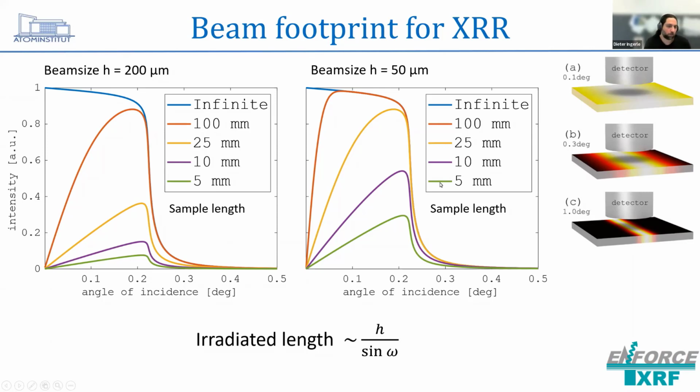And this can be explained, of course, because at very small angles, we have a very large footprint, because it's basically dominated by the sine of the incident angle. And here we have a relatively large incident area on the surface of the sample, and the larger the angle becomes, the smaller this area will be.